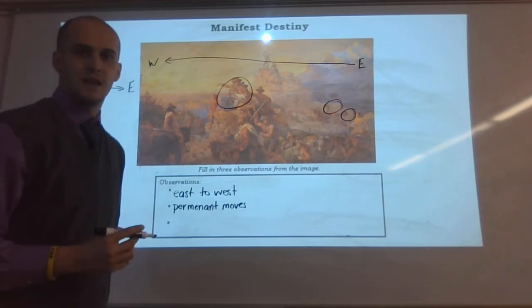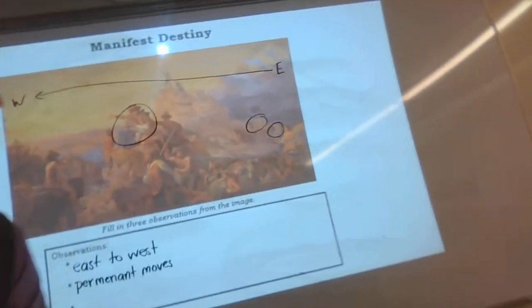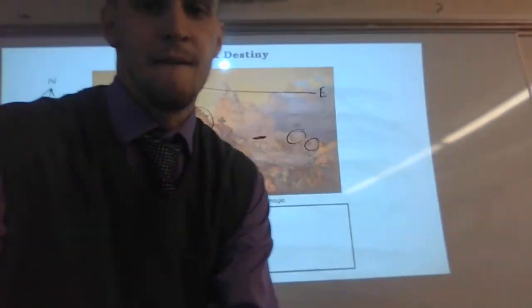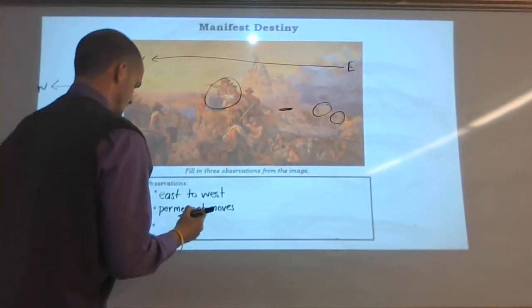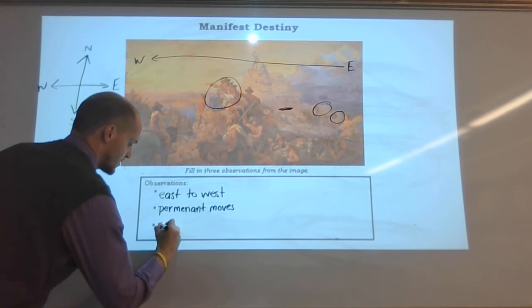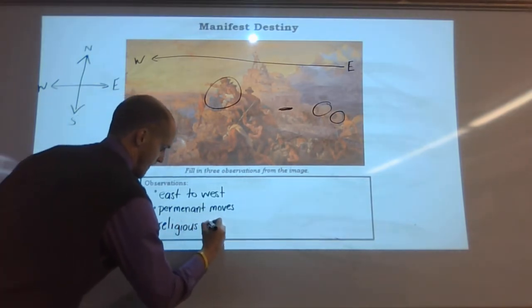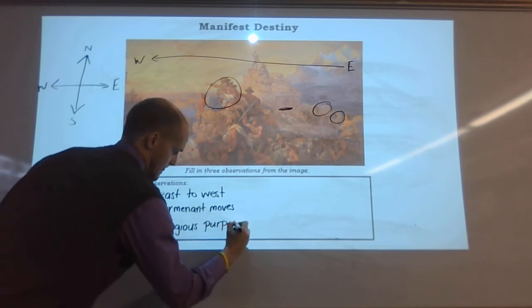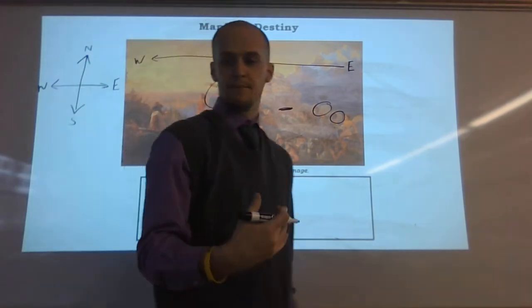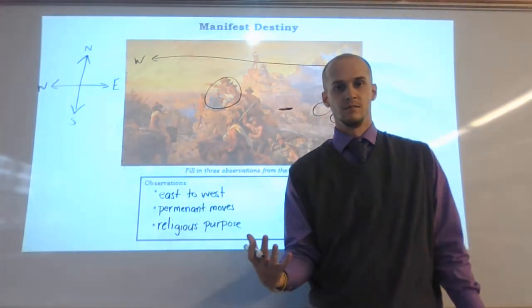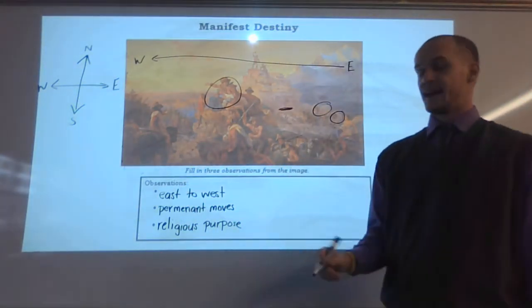And then, if you look real close, there's a cross sketched and etched into that rock. It was tied to a religious purpose. They believed that this needed to happen, that this had to go down.